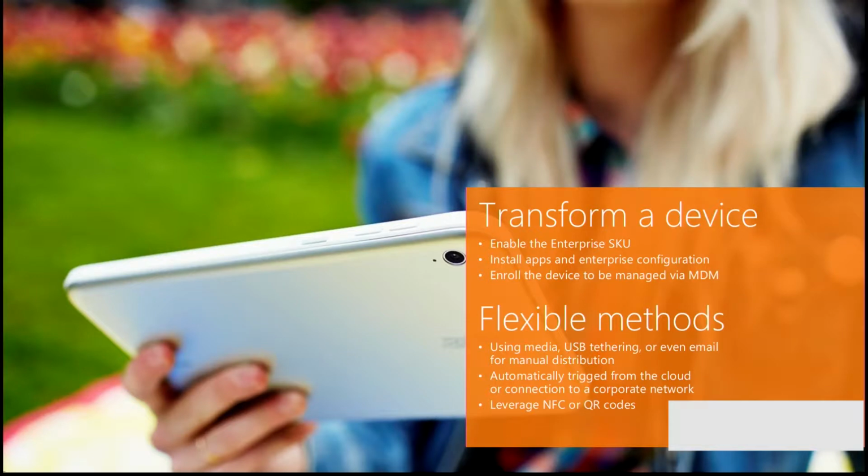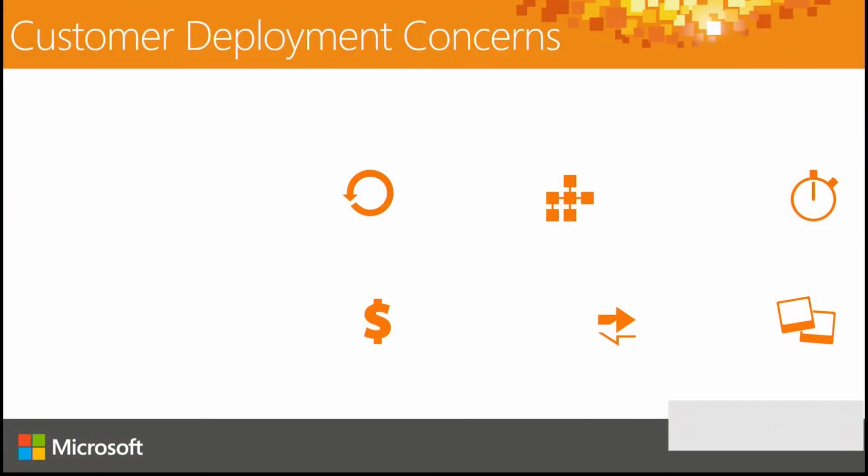There's other methods that you can do. If you're using a phone, if we have time, we're going to show you how to do this with a new phone as well. So we have USB tethering or even email or manual distribution. You could leverage NFC or QR codes for phone devices, all right? So it's a way for us to actually take that device and allow you to do that.